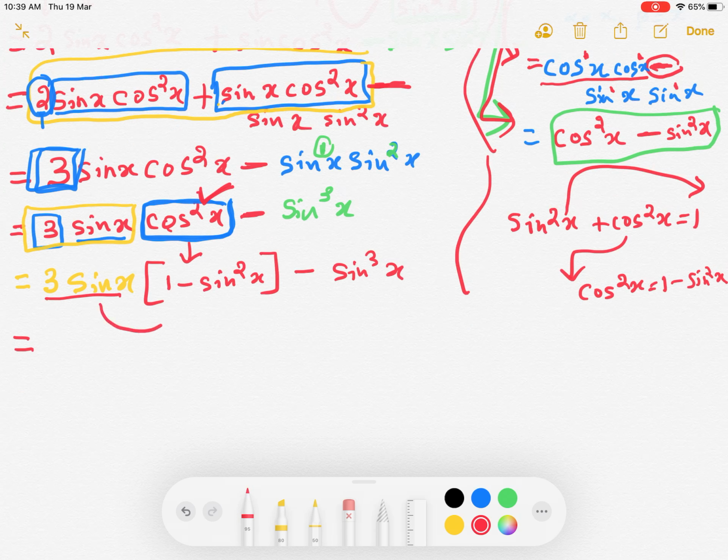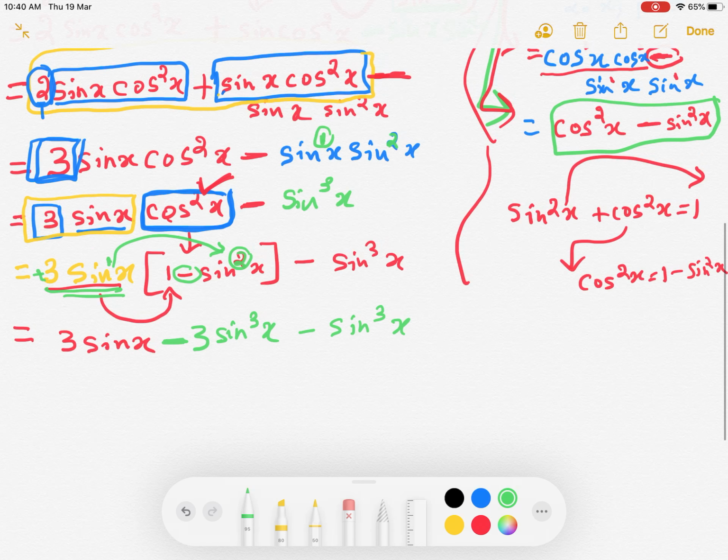Now 3 sine x into 1, so 3 times sine x. 3 sine x into sine square x, here plus, here minus, so it will be minus 3 times sine to the power 3x, minus sine to the power 3x.